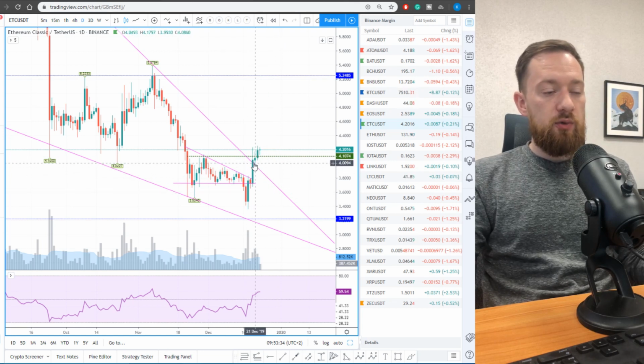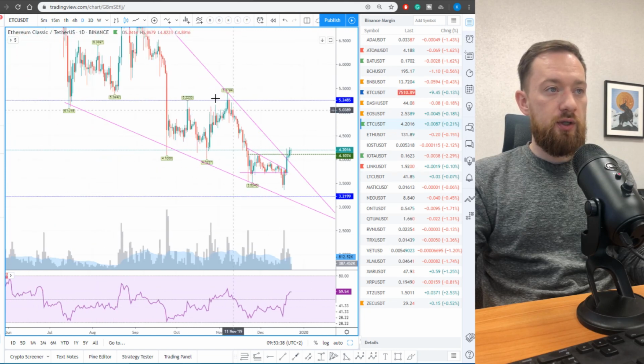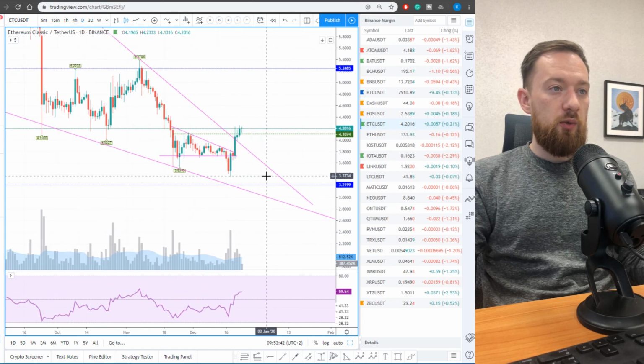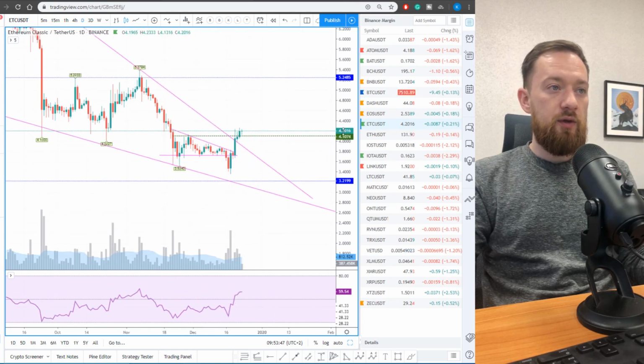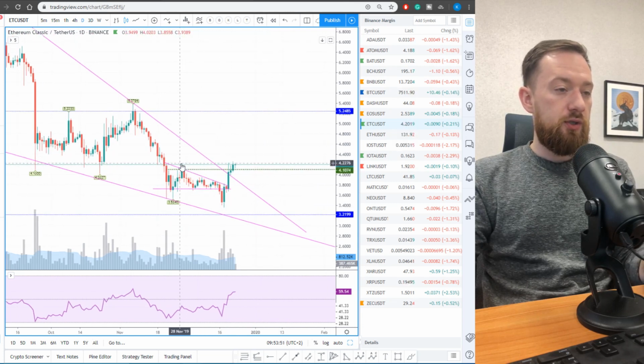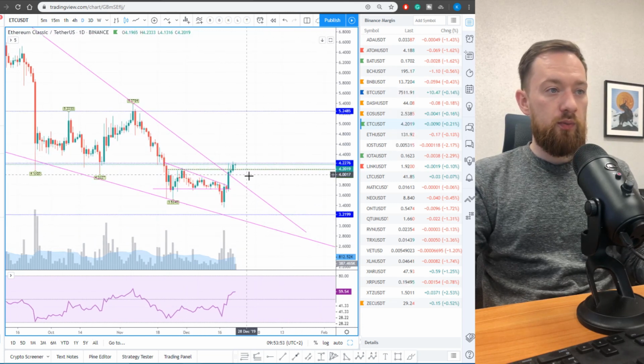When the price was coming towards the area of resistance from this down wedge, we exited the position. Currently we're monitoring whether it would be possible to re-enter the Ethereum Classic trade, or whether this resistance will hold and we would be in a horizontal channel.